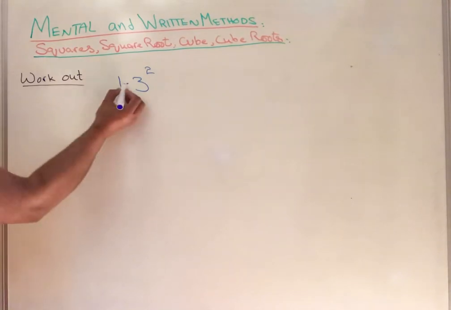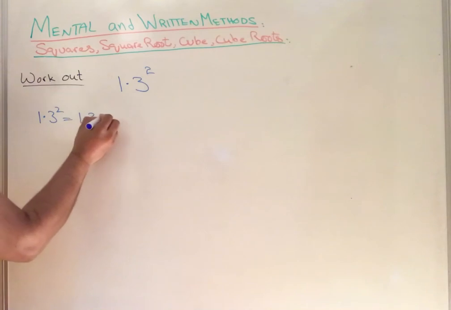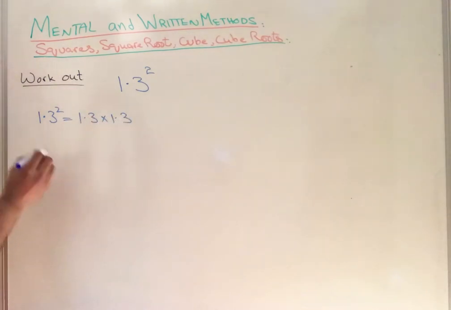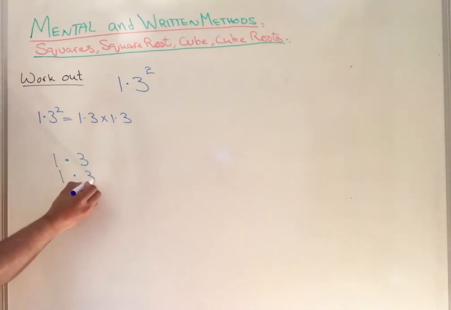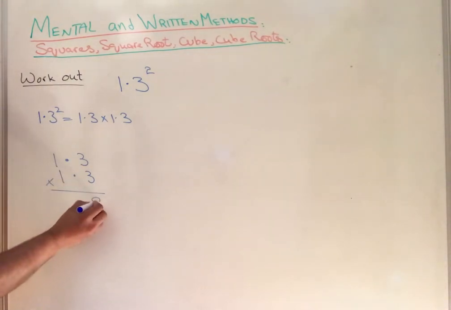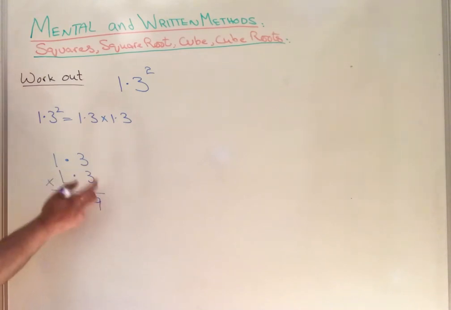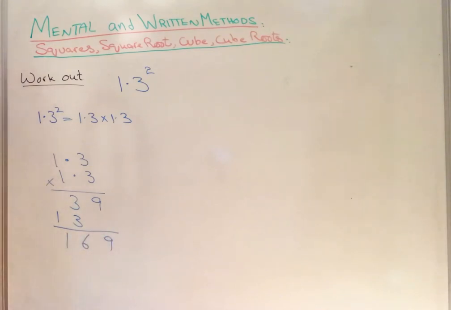What does it mean? 1.3 square means 1.3 multiplied by itself, by 1.3. So now in here, first of all, ignore the decimal and multiply. First of all, 3 3s are 9, 3 1s are 3, 1 3s are 3, 1 1s are 1. 9 6 1.